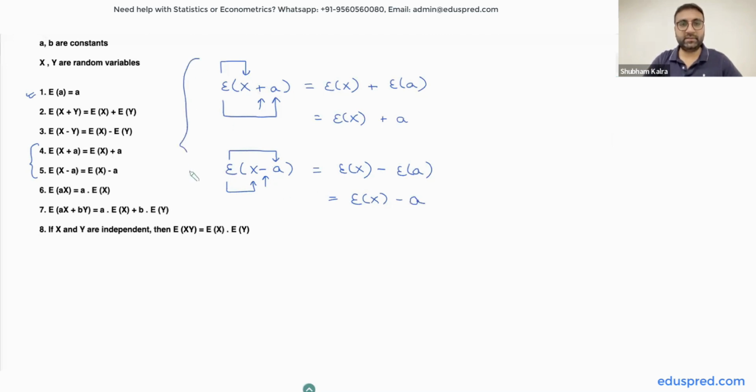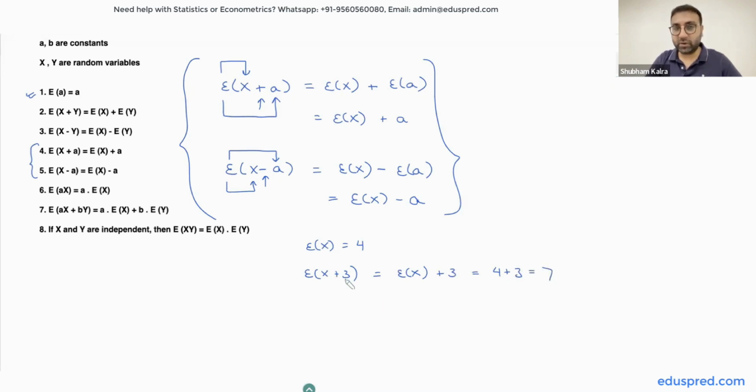So what do we learn from here? Well, the mean of a random variable is going to change if you add or subtract a constant. For example, if you have expected value of x as 4, and if you add a 3 to the random variable, the mean is going to change. The mean of this will be expected value of x plus 3, which is equal to 4 plus 3 equal to 7.